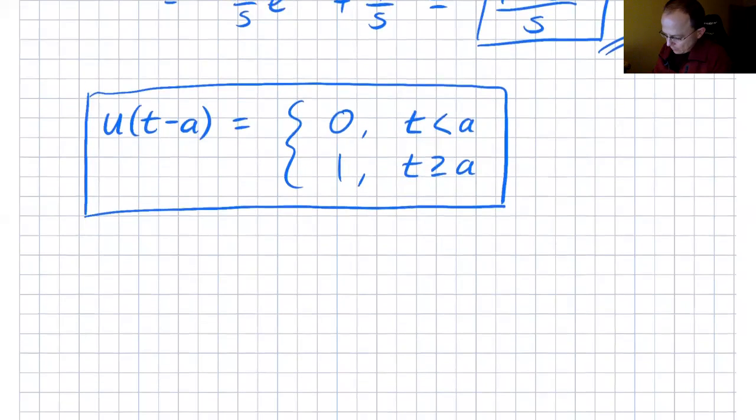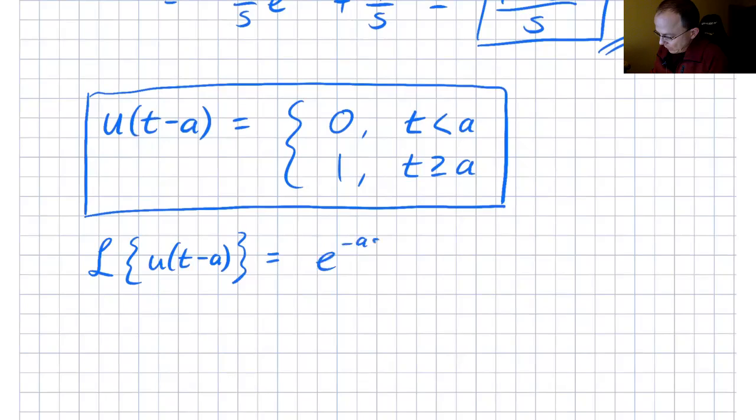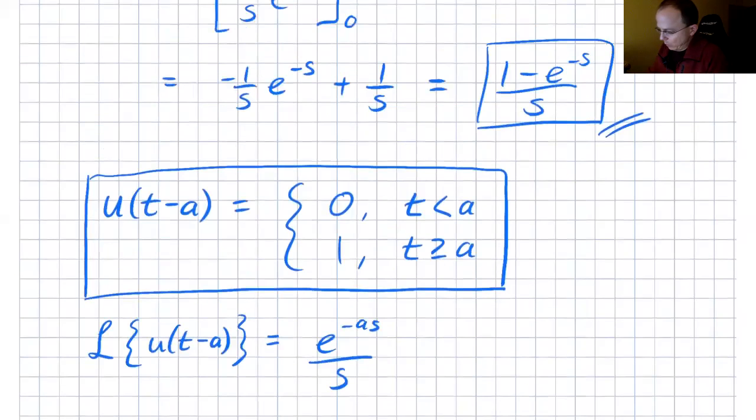Yeah, so the Laplace transform of this function is e to the negative as over s. So that's what it is, and we see this popping up here.